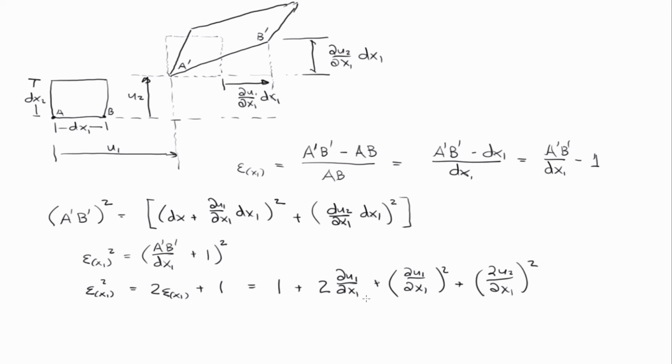All right, and then we're just going to ignore all the higher order terms. And so then we have this equation left. The 1's cancel, the 2's cancel. And what you're left with is that the strain in the x1 direction is equal to partial u1 partial x1.